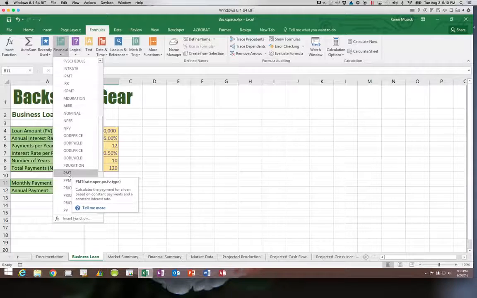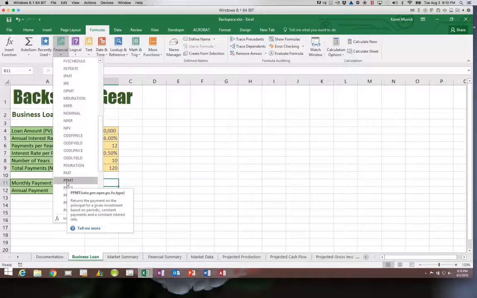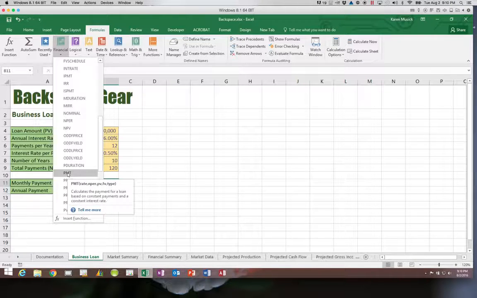You want to be careful because there is a similar function, and that is different. We will use that later on in Module 9. This time we just want the PMT. And if you hover over these fields, you will see that we do get the payment description as well.